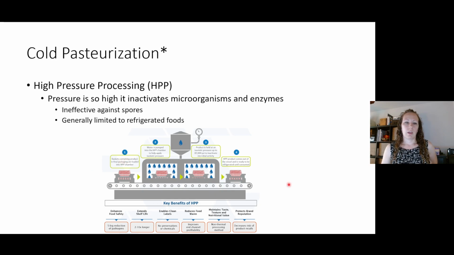There's not a continuous way to do this currently, and the tanks are huge, so you have to load this huge tank and then do the batch and unload it, and it's a little bit cost prohibitive. But yeah, it's a good technology because you're able to do some preservation without having as many preservatives and chemicals on the label.